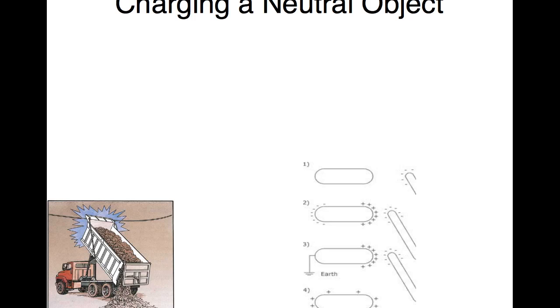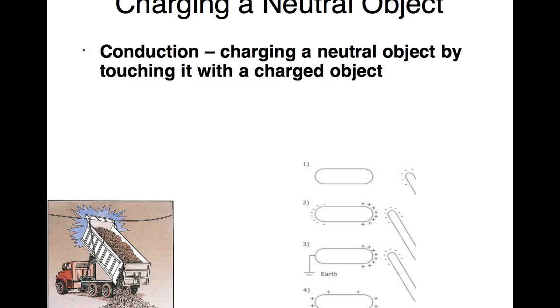Charging a neutral object is what we're going to be talking about now. Conduction is charging a neutral object by touching it with a charged object. For example, if you had socks on and were rubbing your feet against the carpet and you touch somebody, that's conduction.